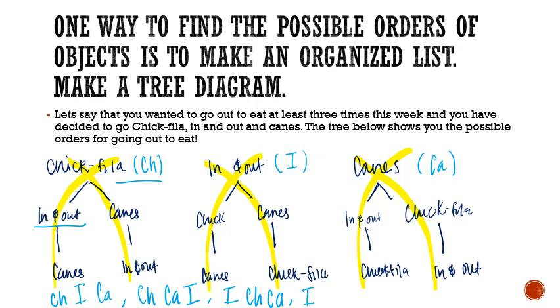Then the next one will be In-N-Out, Cane's, Chick-fil-A. And then the last 2 are Cane's, In-N-Out, Chick-fil-A, and then the last one is Cane's, Chick-fil-A, and In-N-Out. So here you have your 6 different combinations that you could do: 1, 2, 3, 4, 5, and 6.